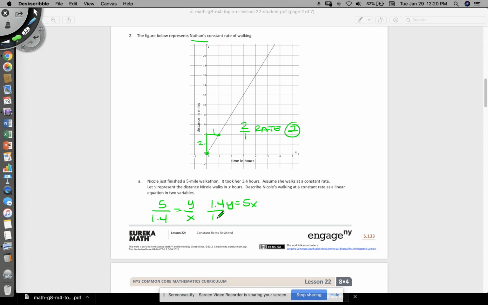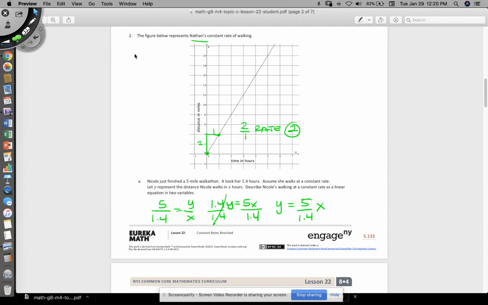I'm going to divide out that 1.4 because I want the Y by itself. Those cancel. And I get Y equals 5 over 1.4 X. And I'm just going to leave it like that for now. All right, let's go ahead and go on to the next page.